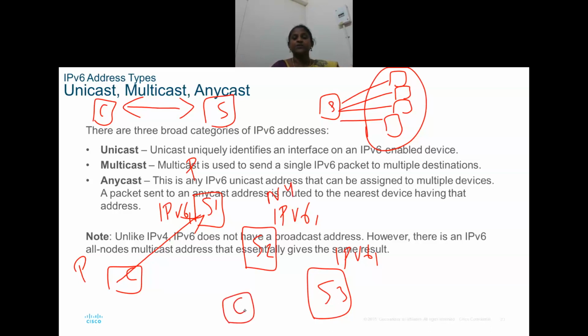The client need not find out what will be the New York server's IP address. Simply he can send the request to the same IP address as when he was in Paris. Now the request again goes to the nearest New York server. So this is one very unique feature available in IP version 6, and IP version 6 does not have a broadcast address. That is what you need to know, right?